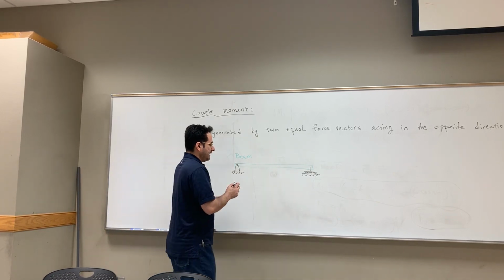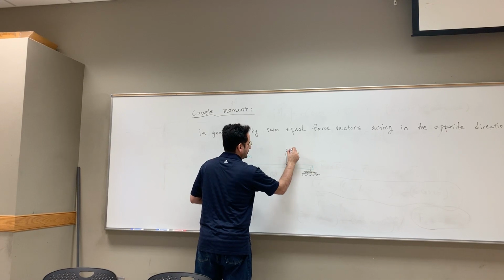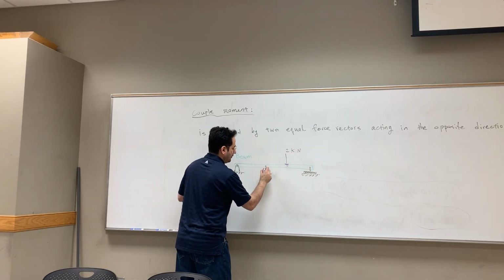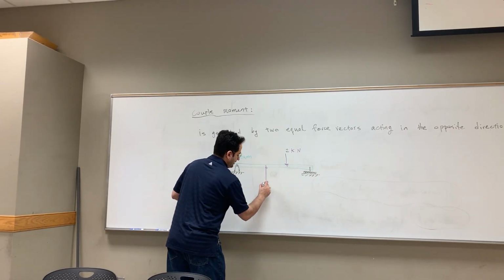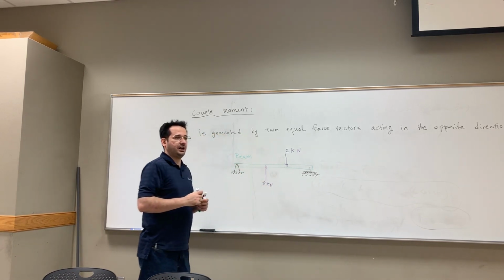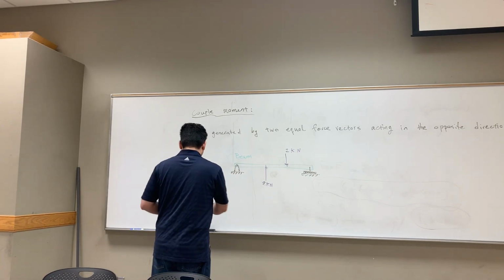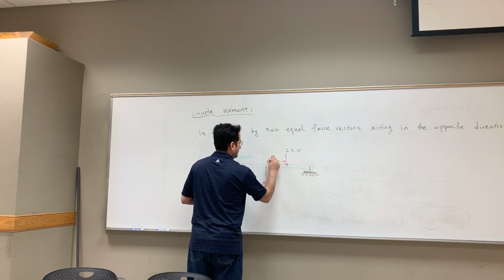Now, let's say we have a loading. There is a force acting at this point, 2 kilonewton. And there is another force exactly equal, but the opposite direction. So 2 kilonewton, but it's going the opposite direction. Let's say this distance is 2 meters.